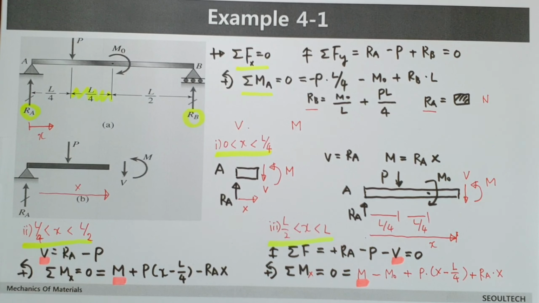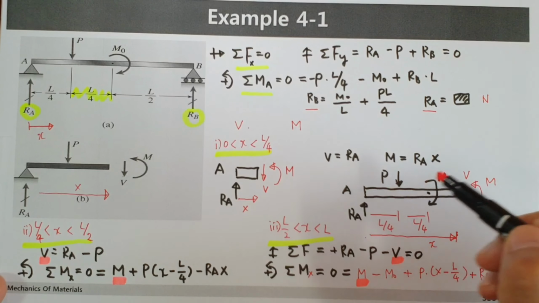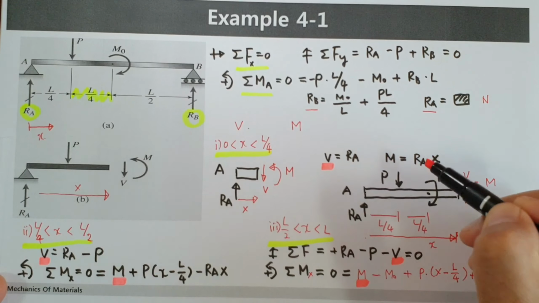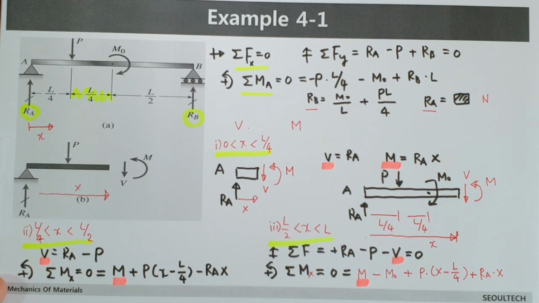When you separate each case, in the first one you can calculate shear force and bending moment like this one. And in the second case, when you apply the equilibrium relationship, then V and moment can be calculated.